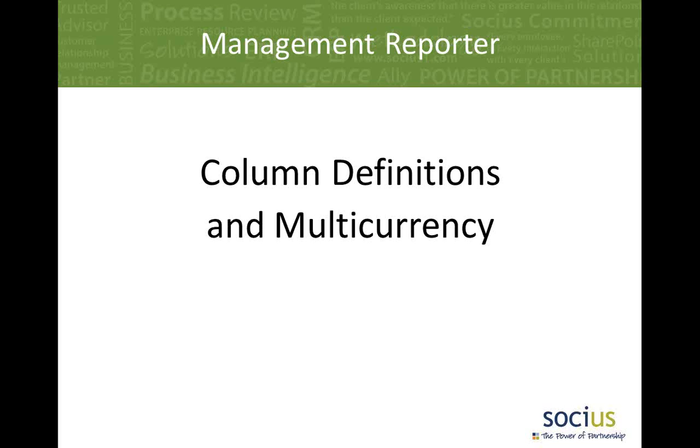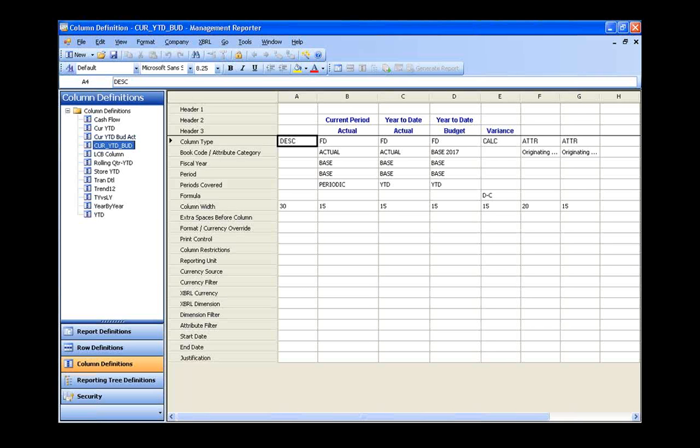So let's look at column definitions and multi-currency. Here's a column definition. Pretty much the same, with the exception of, if we look down here, this currency source. That's different, that's new, as well as the column type here. So FD is financial dimension.